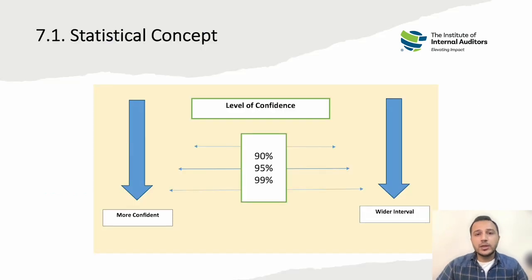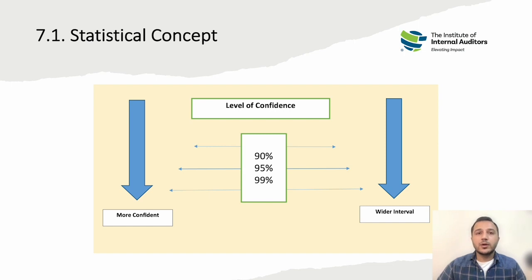So if we want to increase our level of confidence, then we increase our sample size. This is how we determine that most of the data will be a good representation of the entire population, and also the parameters under which we are looking at the data.